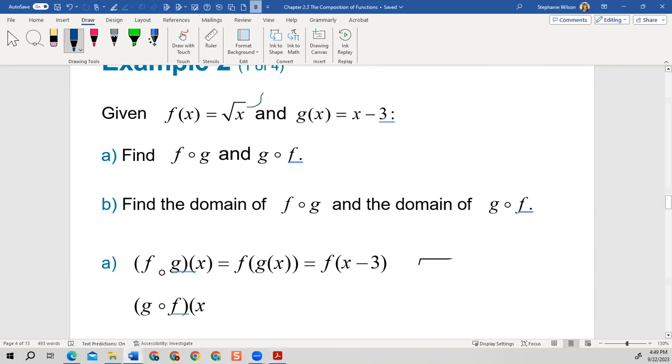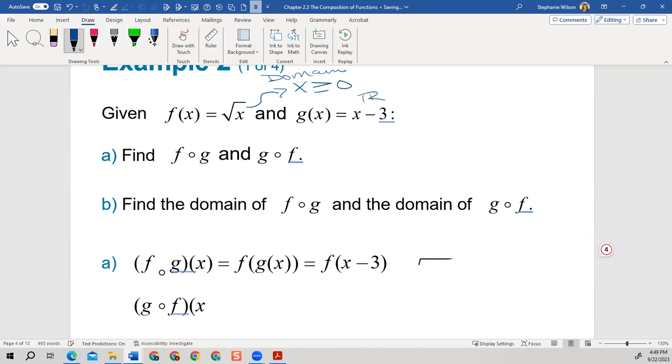So to solve the domain of this one, I'm going to take what's inside the root and set it greater than or equal to 0. Well, it was just x. There was nothing else going on. So we know it's restricted. Its domain is going to be when x is greater than or equal to 0, because it can have 0 in the square root. And then g of x, this is all real numbers because it's just a polynomial.